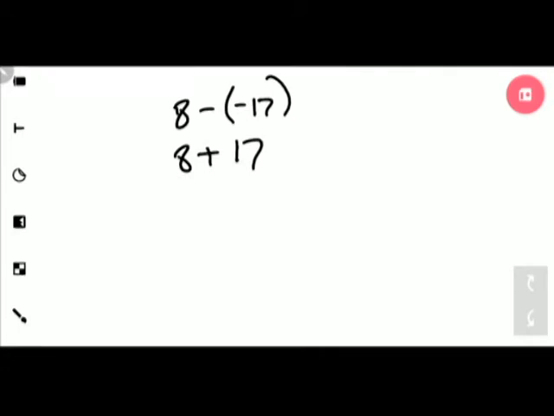It equals the same, but it's not the same, because these are two different operations. With both of these, we have a negative 17.